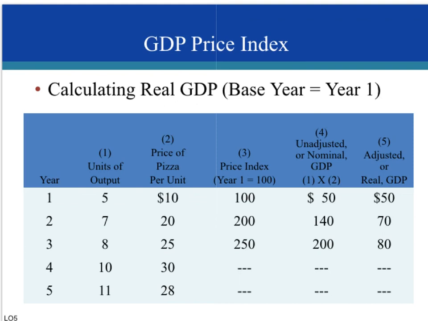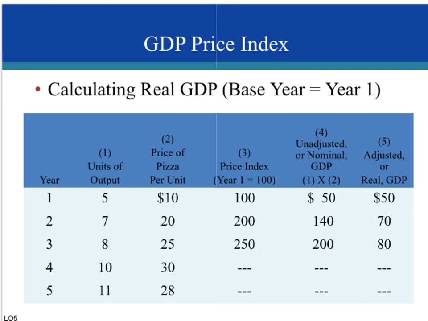Okay. For year 3, we produced 8 pizzas at $25 a pizza. So nominal GDP, 8 times 25 would be 200. But if we look at real GDP, real GDP is current year's quantity or output multiplied by base year prices.